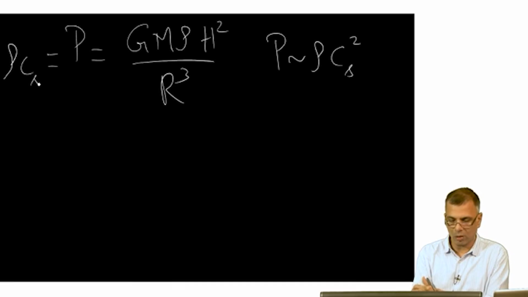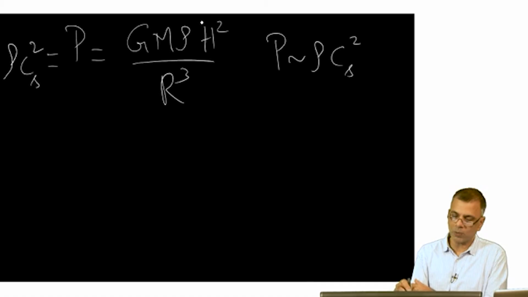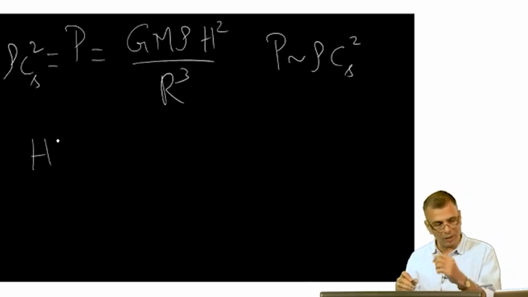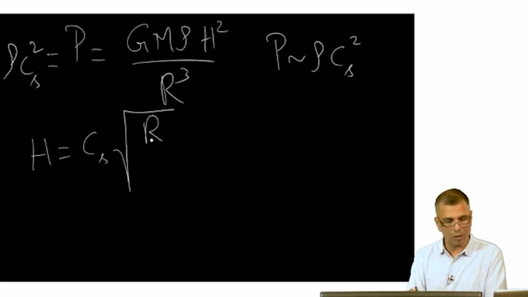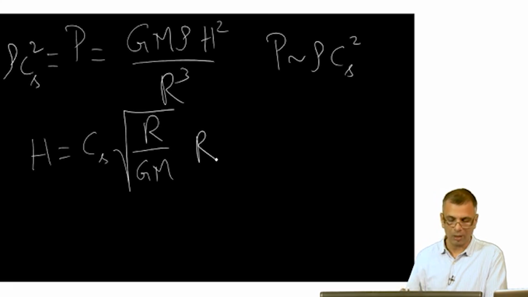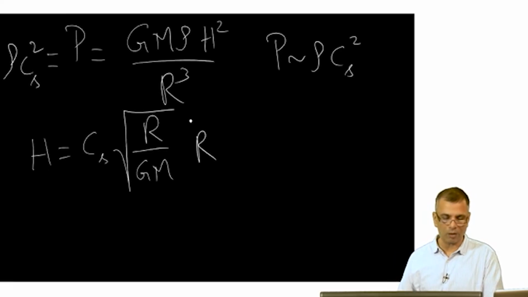Now, if we write this as equal to rho c sub s squared, then I get a ready expression for the height. The height of the thin disk is essentially equal to c sub s square root of r over GM times r. And we've seen this quantity before, square root of r over GM. You remember, this is essentially 1 over the Keplerian velocity.